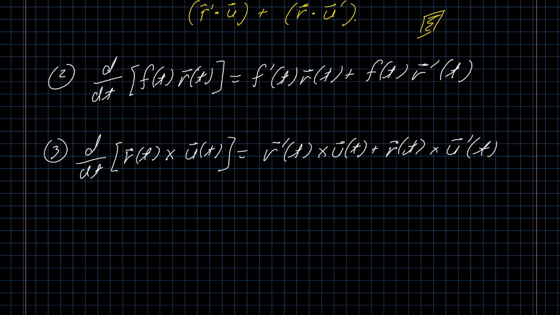And these are the ones that I would like you to look at. Specifically, the scalar function times a vector function, I would like you to prove on your own.